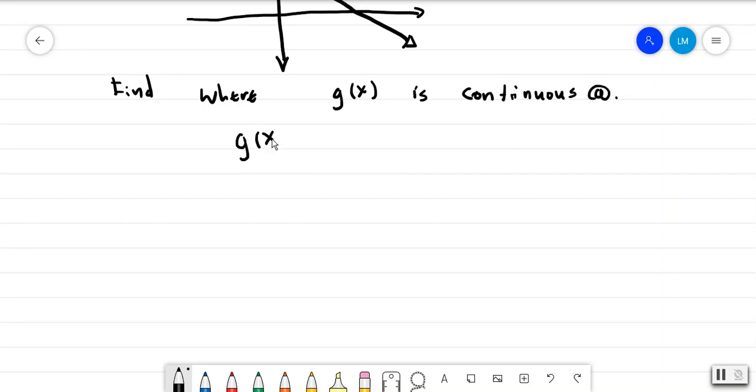We have g of x is equal to x squared plus 6x plus 8, and that's all divided by x squared plus 7x plus 10.